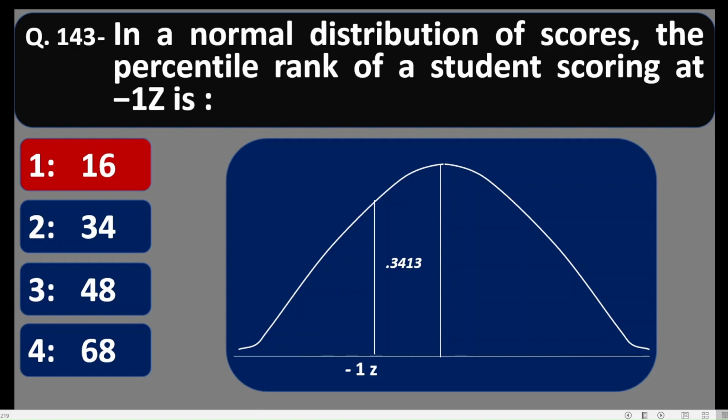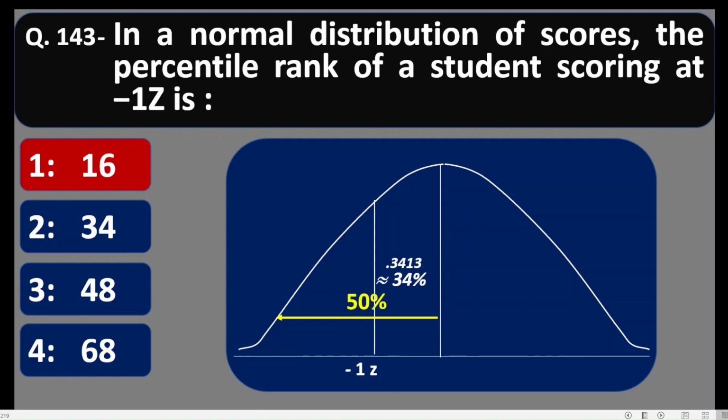It means 34% of the observations are lying between -1Z and the mean, if the normal distribution is there. We also know that the area before the perpendicular line is 0.5, that is equal to 50%.